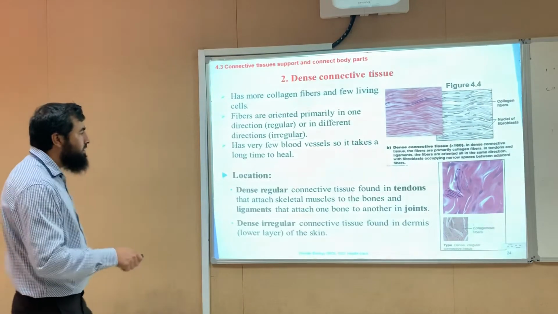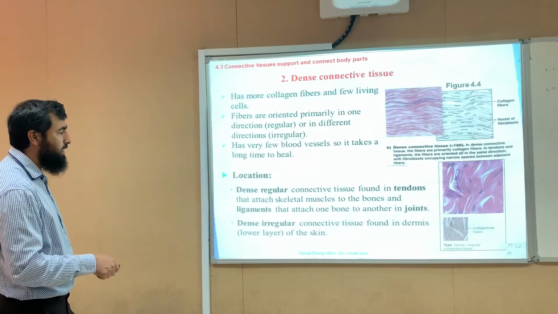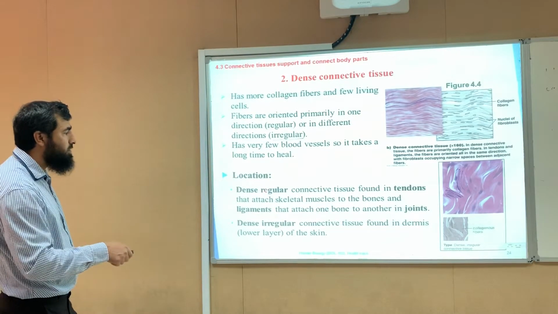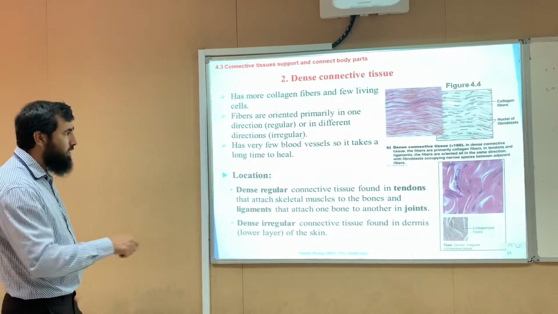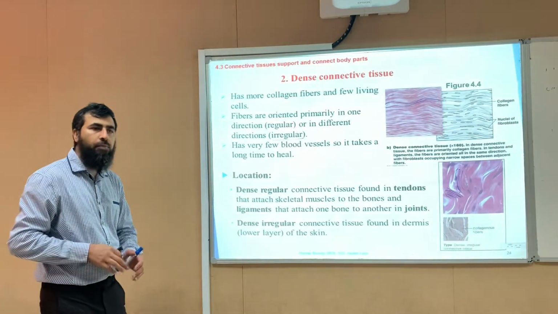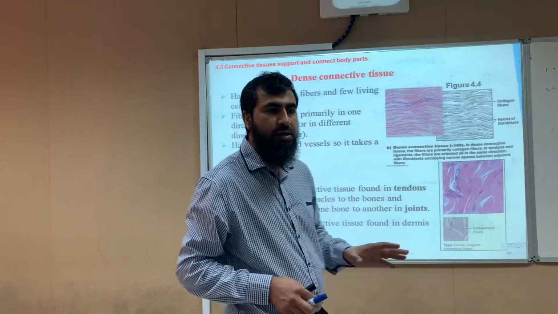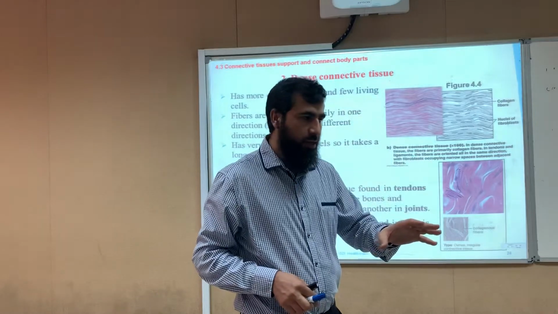Inshallah. All right. So we said there's dense. We find this in the tendons and the ligaments. Dense regular, okay? Because the fibers are in a regular pattern, it gives it that strength. Both ligaments and tendons. Ligaments connect bone to bone, okay?